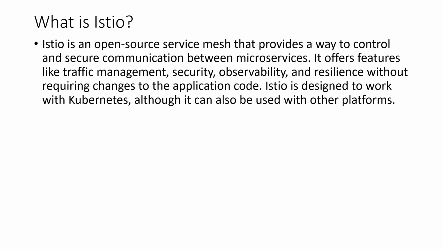Complete care should be taken by the service mesh itself. It offers features like traffic management, security, observability, and resilience without requiring changes to the application code. It's not required to embed additional code to manage all these things.